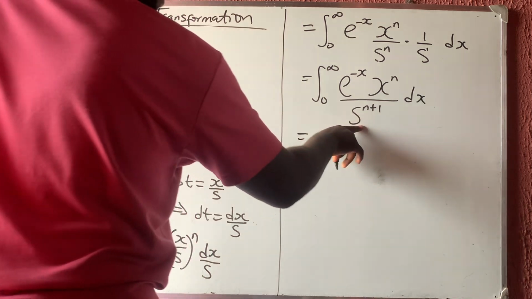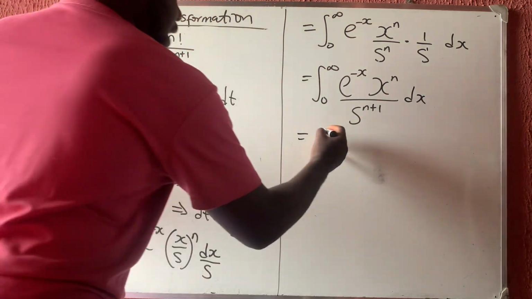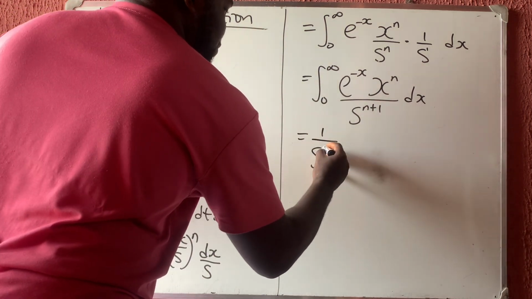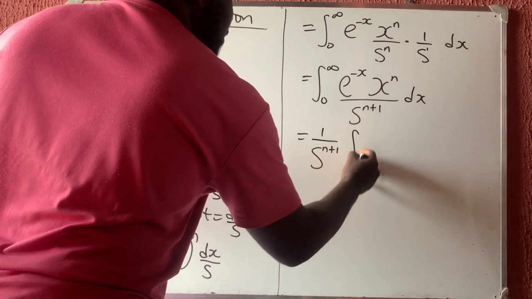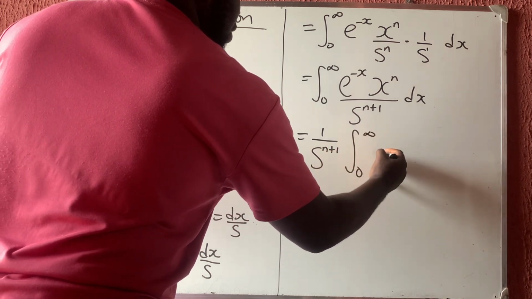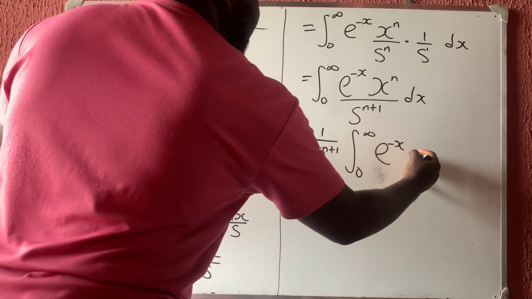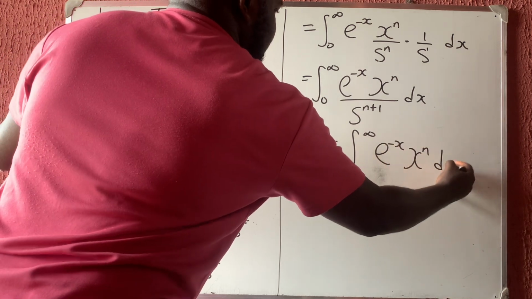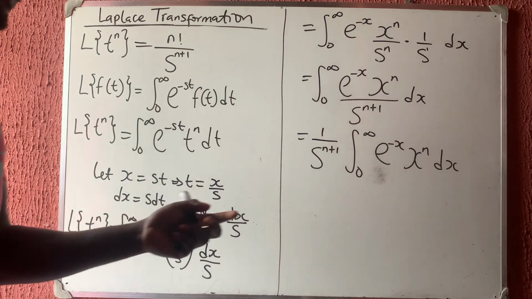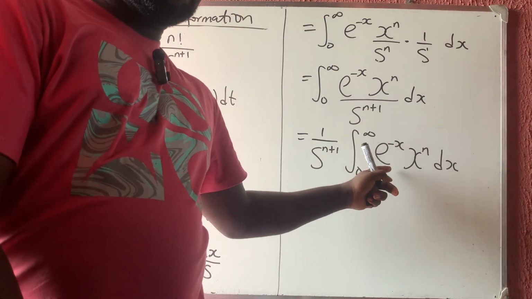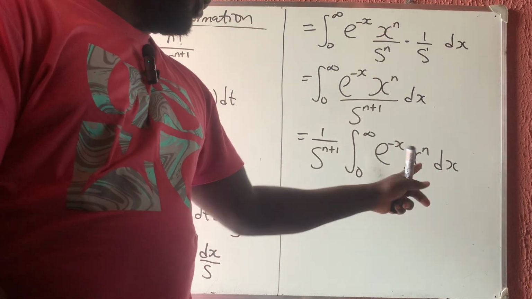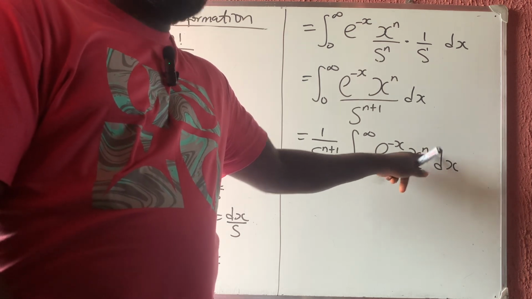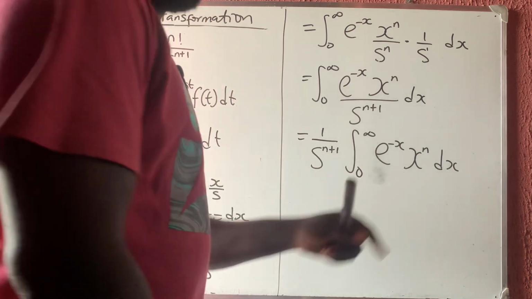Now I hope you know that this is a constant, so bringing it out, I'm going to have 1 over s raised to power n plus 1, the integral from 0 to infinity of e raised to power minus x, then x raised to power n dx. Now if you solve this by integration by parts, it's going to give you n factorial. It's already proven. You can try it yourself.